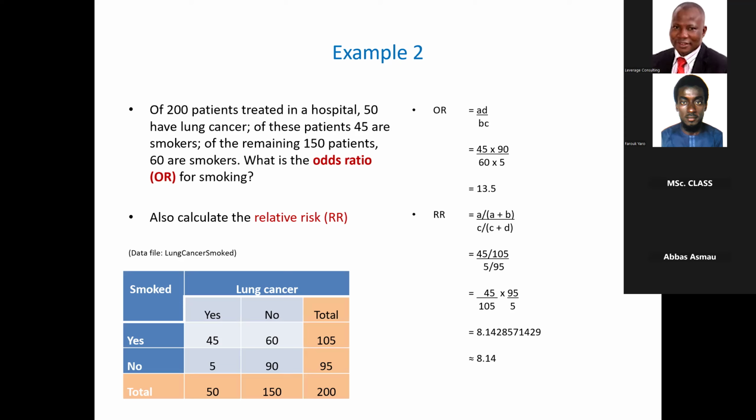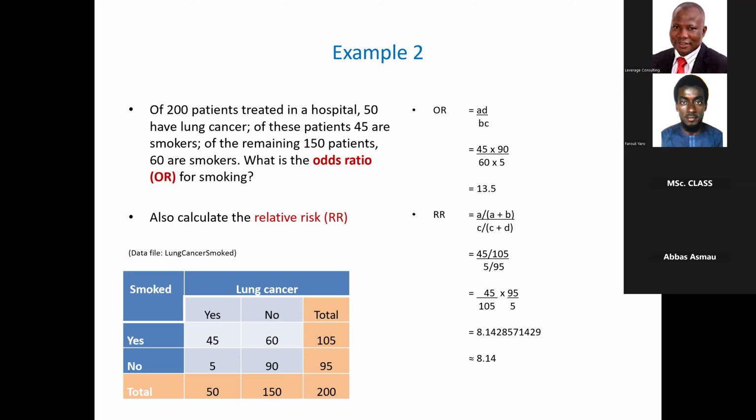Just want you to try it. 45 over 50 divided by 5 over 50, what does it give you? It gives you 45 over 5. Is it not true? Because if you say 45 over 50 divided by 5 over 50, when you want to solve it, you change the division to times, and it becomes 45 over 50 times 50 over 5.